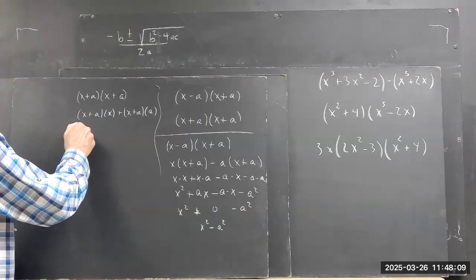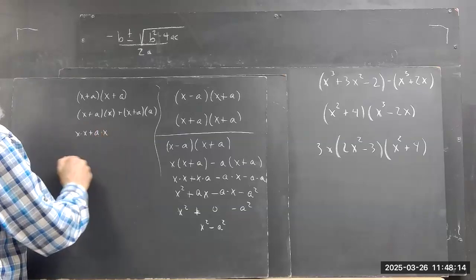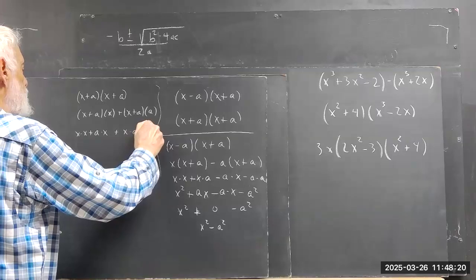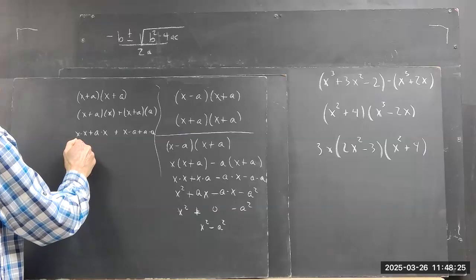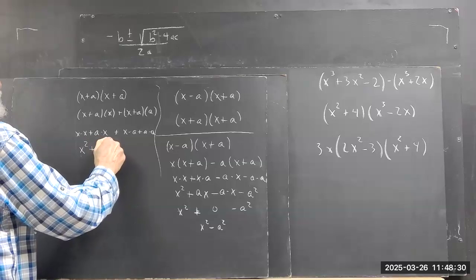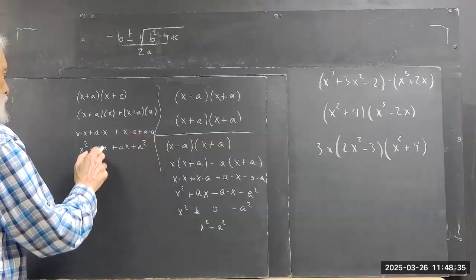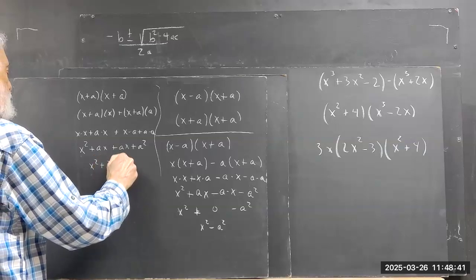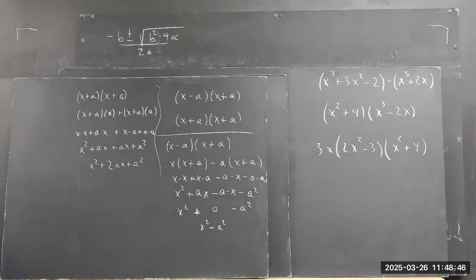And then that's x times x plus a times x plus x times a plus a times a. That's x squared plus ax plus ax plus a squared, and ax plus ax makes x squared plus 2ax plus a squared.